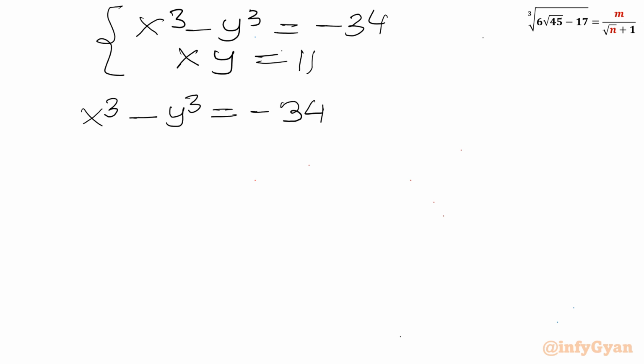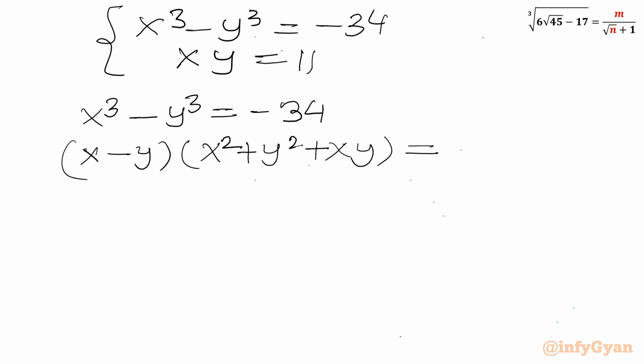Now a cube minus b cube formula is there. So let's apply. I will write x minus y in other bracket x square plus y square plus xy equal to negative 34.